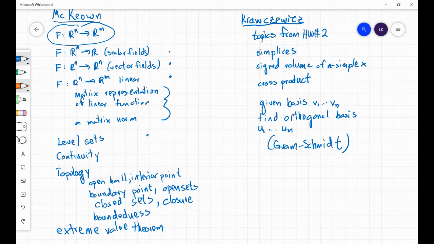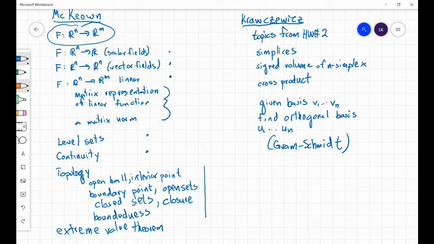You talked about level sets and defined continuity of a function at a point. And then you had some topology, where you defined open ball, interior point, boundary point, open sets, closed sets, closure of a set, and this idea of boundedness.